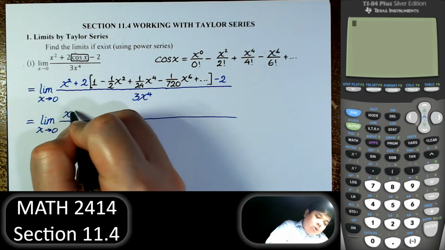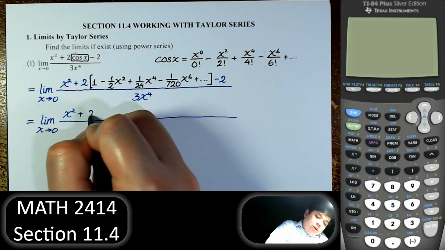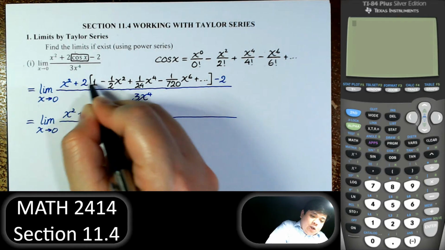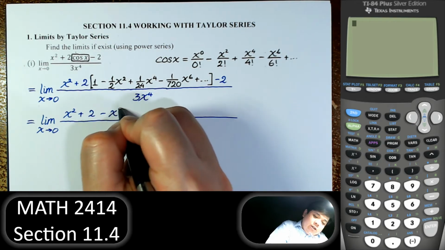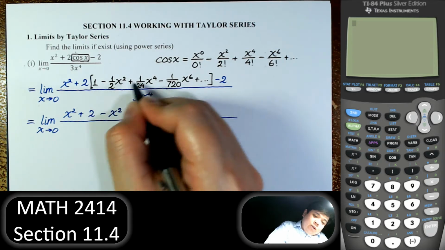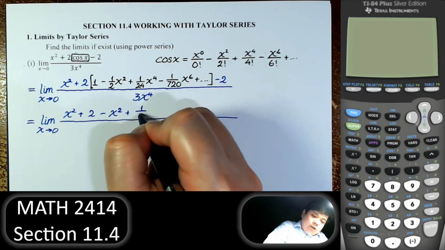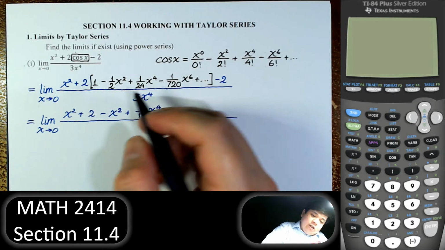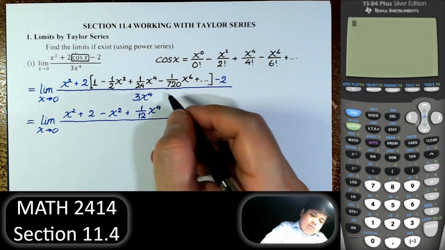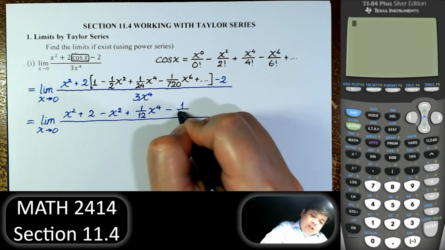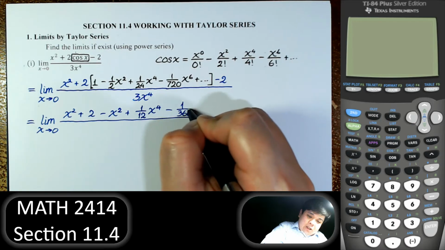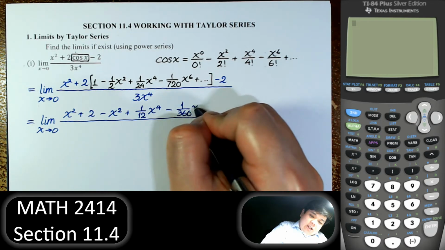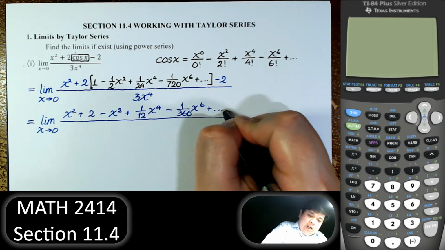Multiplying them out, x squared plus 2, 2 and 1 half cancel out. 2 and 1 over 24 gives 1 over 12 x to the 4th. 2 and that will be 1 over 360 x to the 6th, and so on.